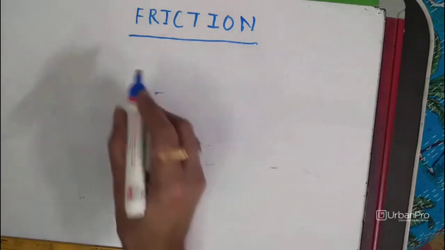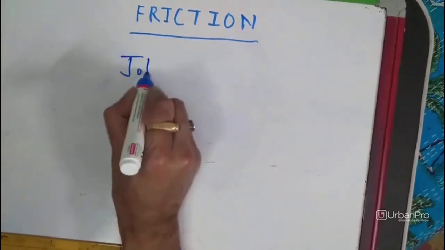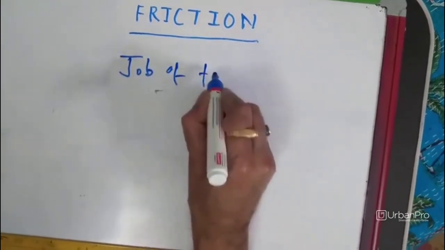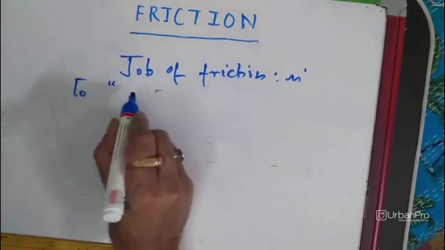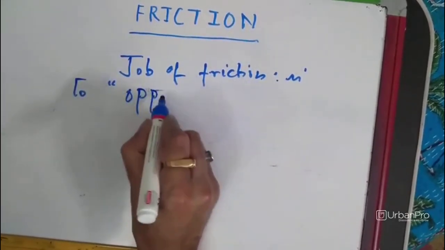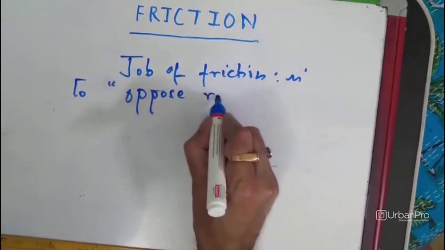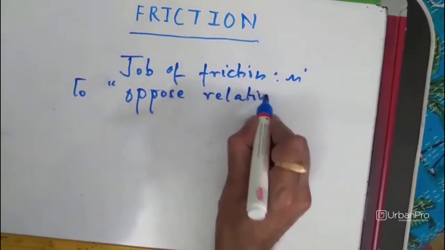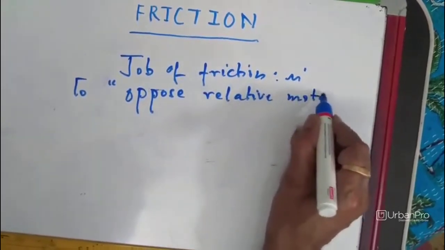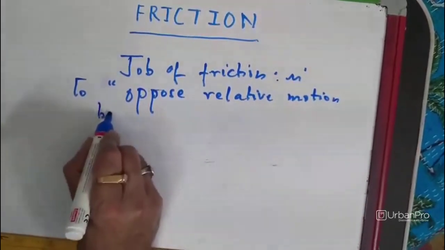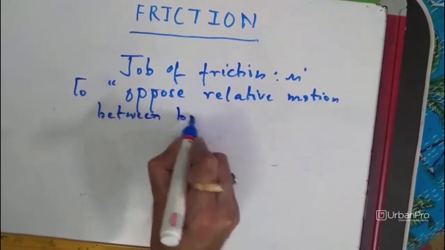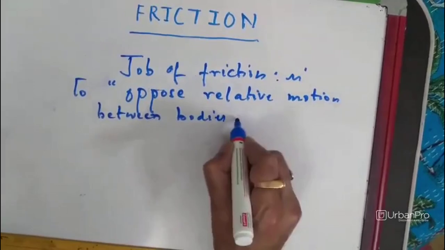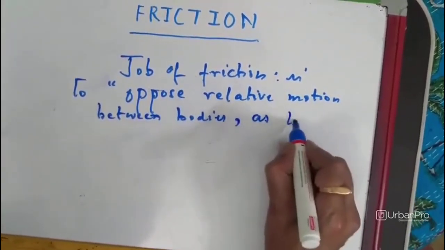The job of friction is to oppose relative motion between bodies as long as possible.